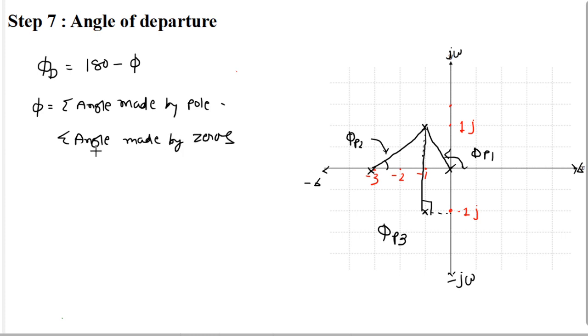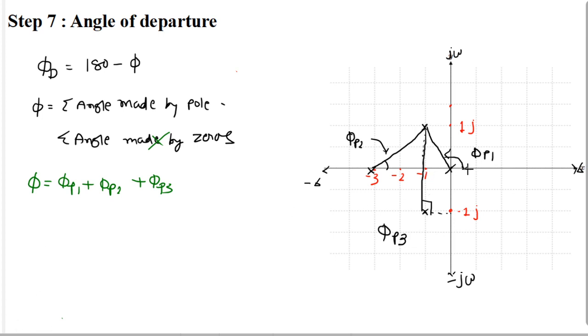Here in our case there is no zero, so there is no need to calculate the angle made by zeros. Now the summation of angles made by poles, that is phi equal to phi p1 plus phi p2 plus phi p3.